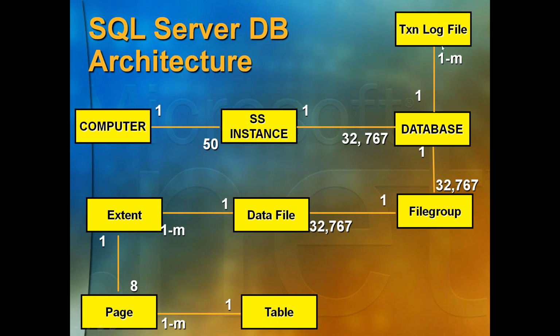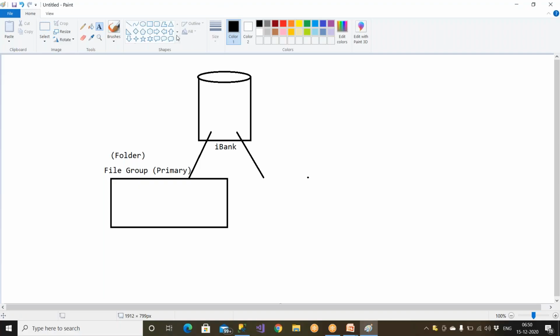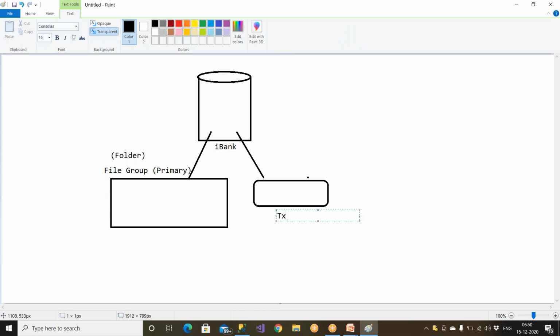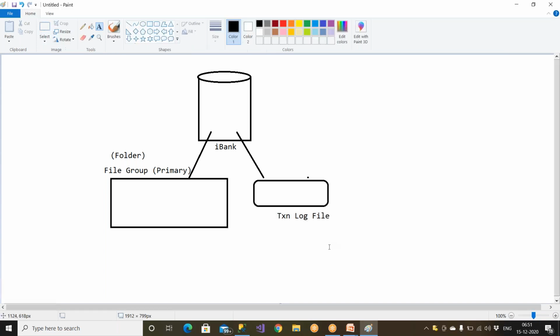And you are going to get one transaction log file. So you are getting one more file, a log file. Let me say this is what is called a transaction log file. Clear? So we are going to have a path. A file means there is a path, right?